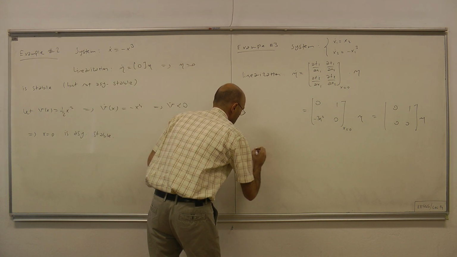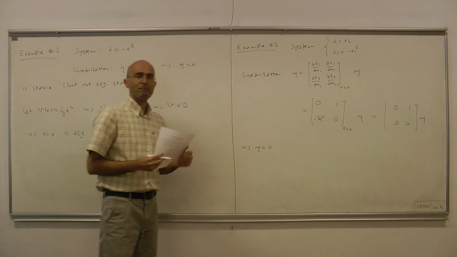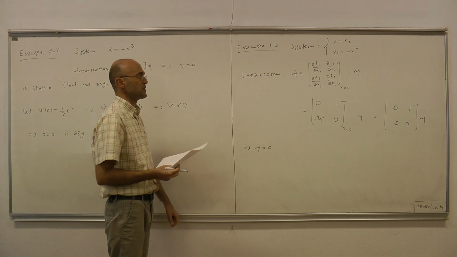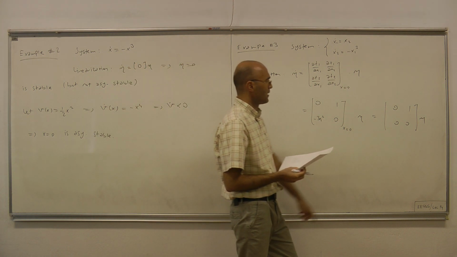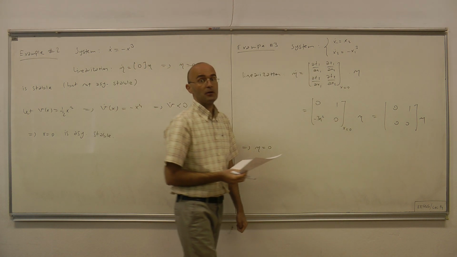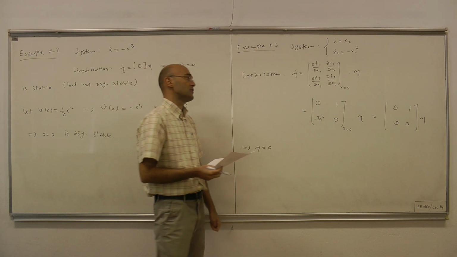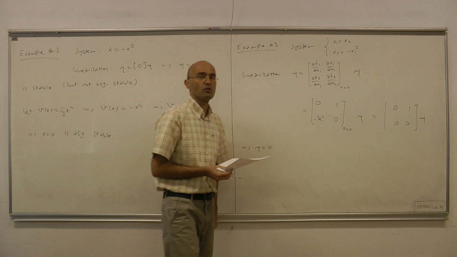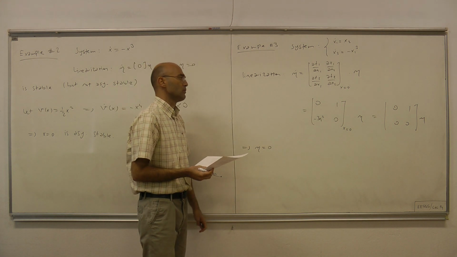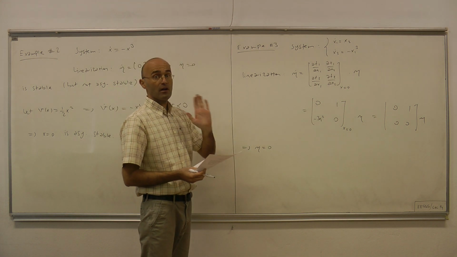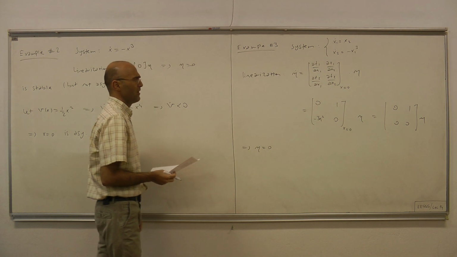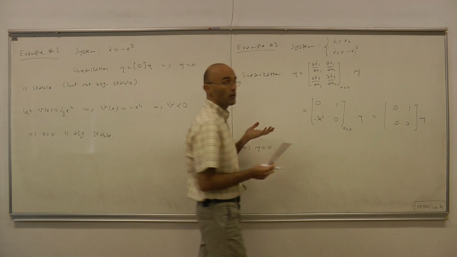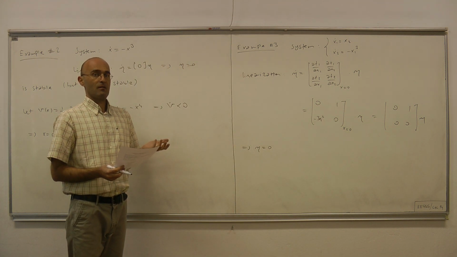So what can we say about the stability properties of the origin of the linearized system? All the eigenvalues are at 0, but there's a 2 by 2 Jordan block. In fact, the whole matrix itself is a 2 by 2 Jordan block corresponding to the eigenvalue on the imaginary axis. Therefore, the origin is unstable.